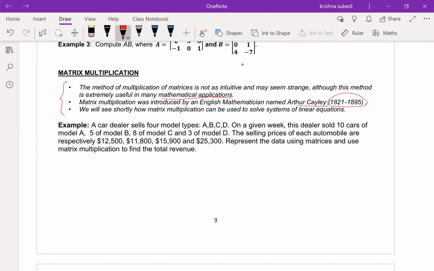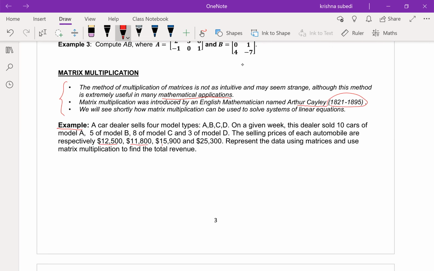And let's look at this example. A car dealer sells 4 models, types A, B, C, D. There are 4 different models of cars. In a given week, this dealer sold 10 cars of model A, 5 cars of model B, 8 cars of model C, and 3 cars of model D. The selling prices of each automobile are respectively given here.